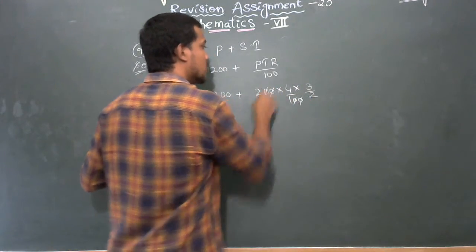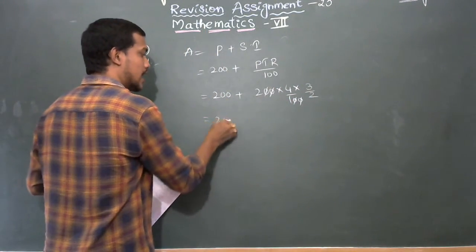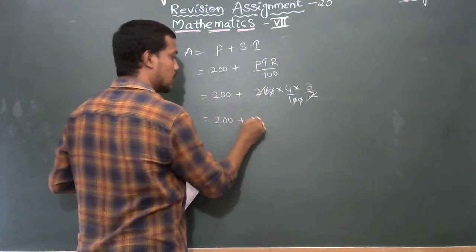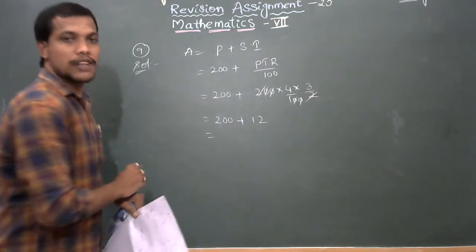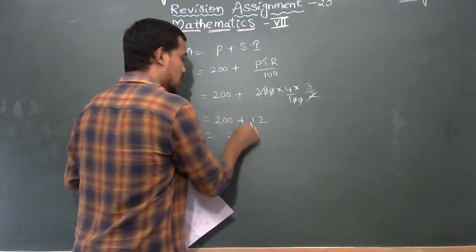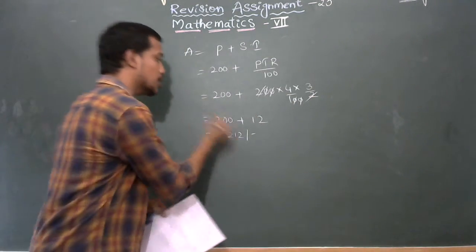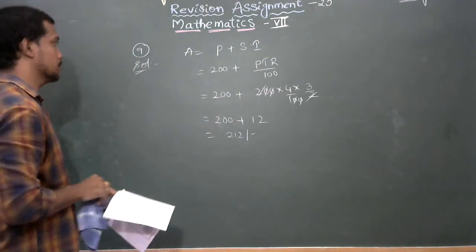So 2 zeros cancel, and here 2 cancels. 4 threes are 12. 200 plus 12, 212. So the maturity value after 1.5 years is nothing but 212 rupees.